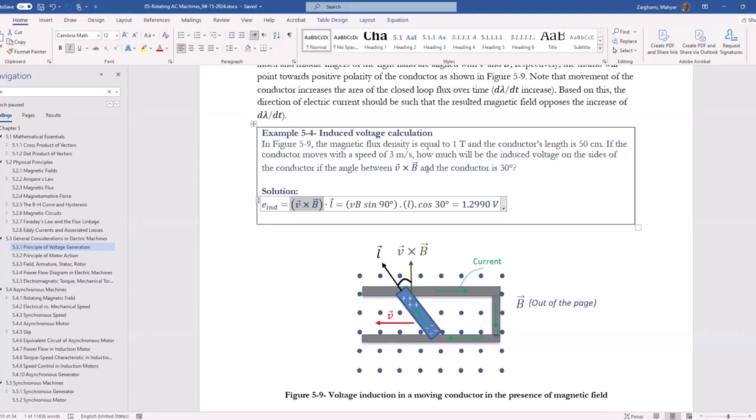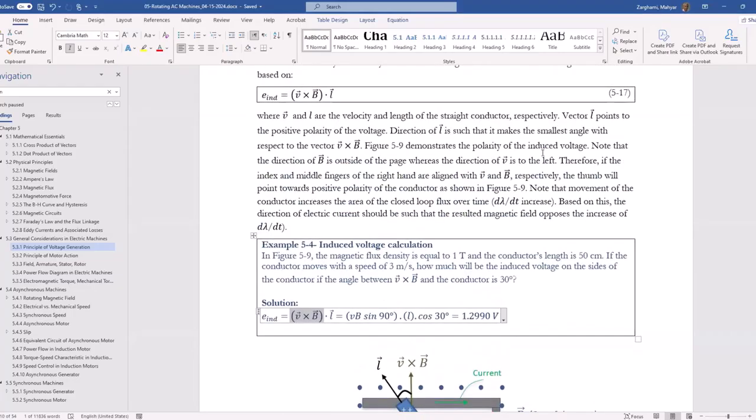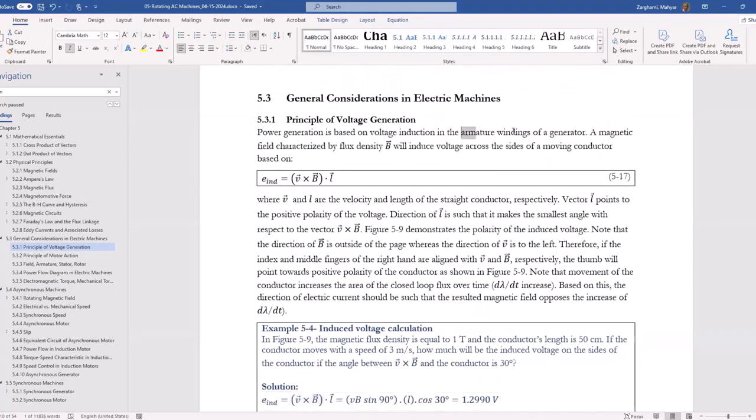So the whole concept of electric generators is based on the fact that some armature windings would be rotating inside an external magnetic field. Therefore, voltage would be induced on the sides of the armature winding, and that's the principle of voltage generation.